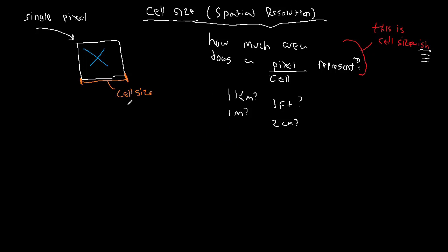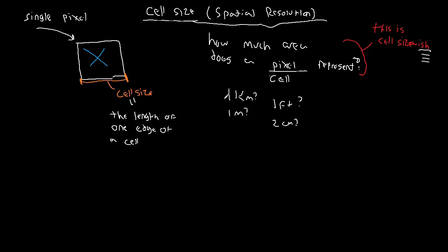So to be verbose about it, cell size is the length of one edge of a cell. That's why it's called cell size. So this length, from here to here, is the cell size.